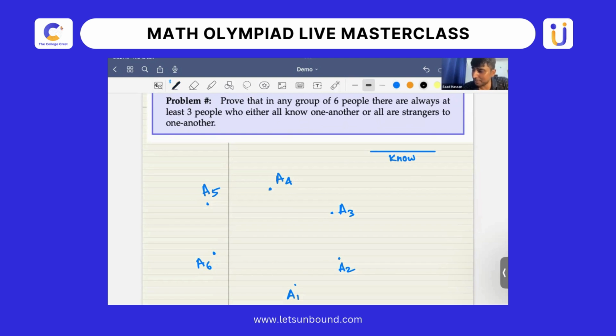And if I join two people by a black line segment, it means that these two people are strangers. So let this be our starting point.